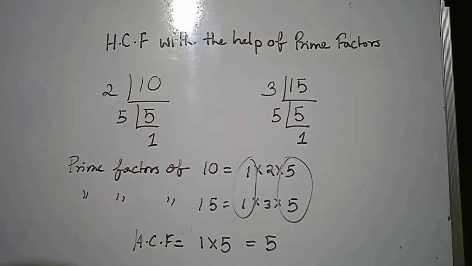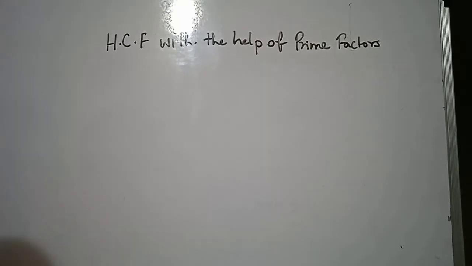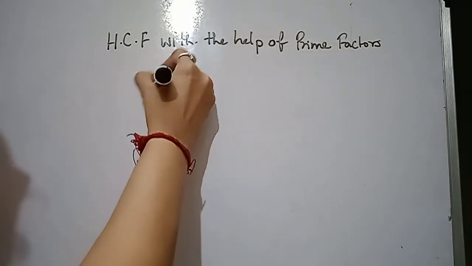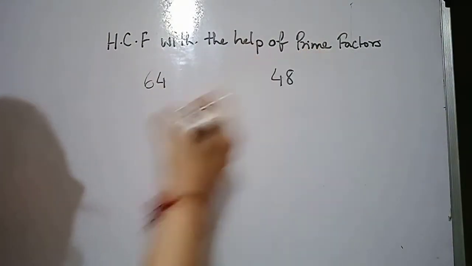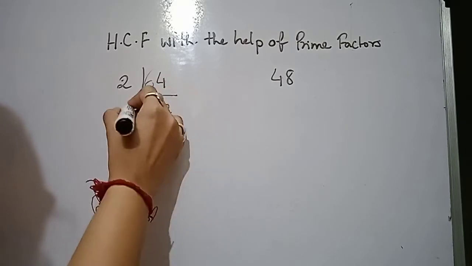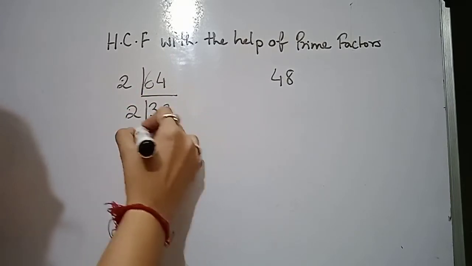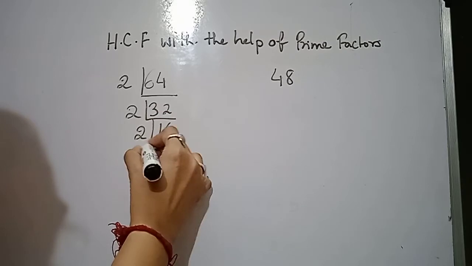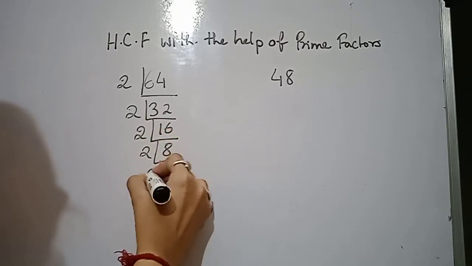Next, taking a more difficult example, 64 and 48. Here 64 divided by 2, we are getting so many 2's.